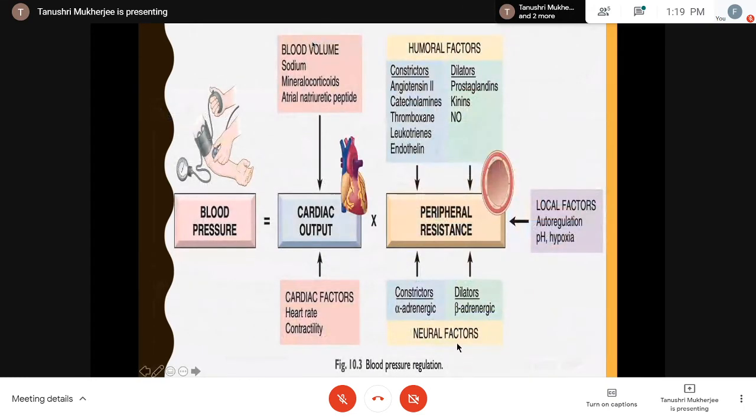So this is the blood pressure regulation, again by a simple flow chart: cardiac output, peripheral resistance, the local factors, and then the cardiac factors like heart rate, contractility, then the neural factors, the constrictors, the alpha adrenergic, dilators like beta adrenergic, then the humoral factors, the vasoconstrictors like endothelin, leukotrienes, thromboxane, catecholamines, angiotensin 2, and dilators are prostaglandins, kinins, nitric oxide. And blood volume regulators: atrial natriuretic peptide, mineralocorticoids, and sodium.